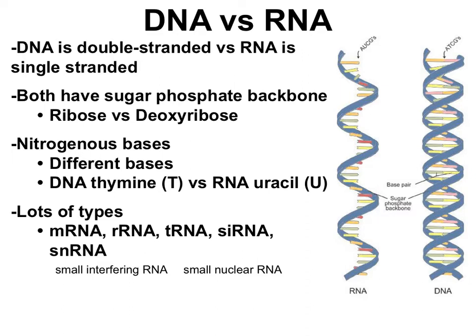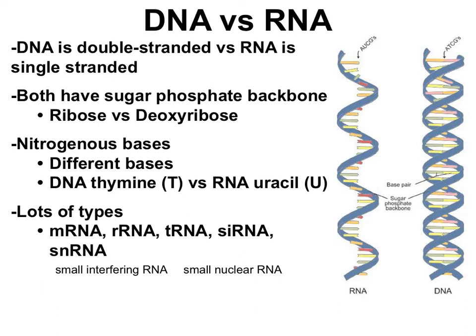RNA and DNA are a little bit different. First of all, most DNA is double-stranded and most RNA is single-stranded. Although both are made out of nucleotides and have a sugar-phosphate backbone, the sugar and bases used are different. DNA uses deoxyribose, RNA uses ribose.